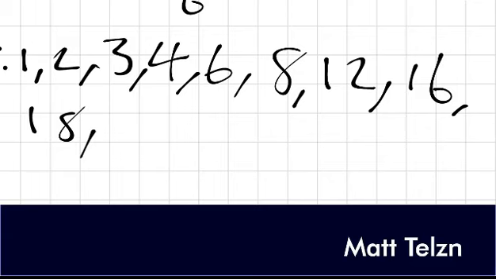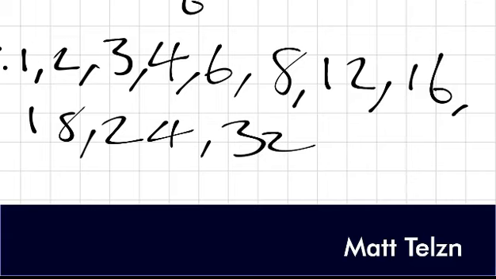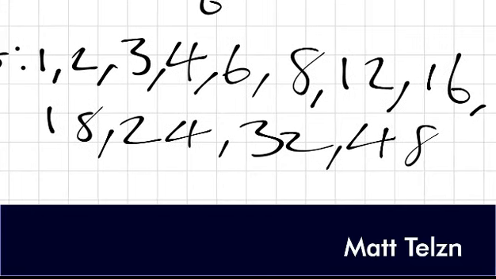You can see 24. 24 is a factor. You can see 32 is a factor. We go further, we see 48 is a factor. I think that should be the last factor. Yes, that's the last factor.